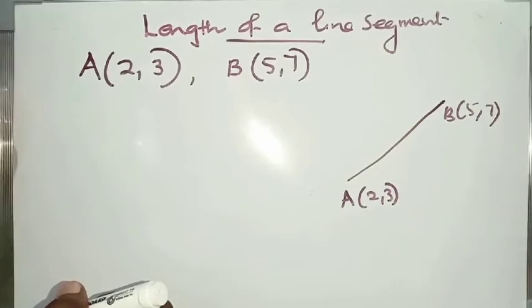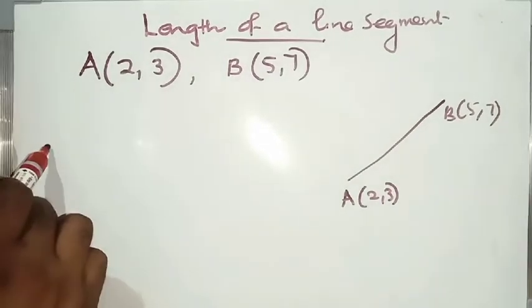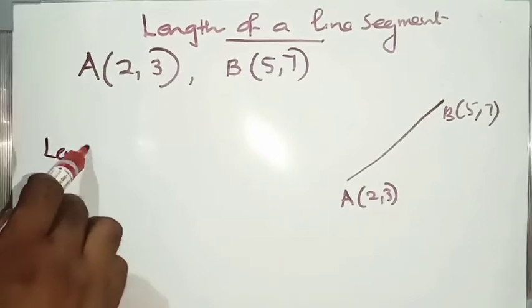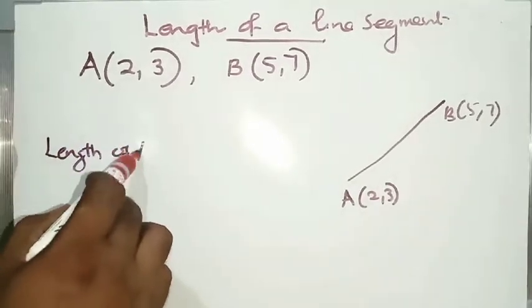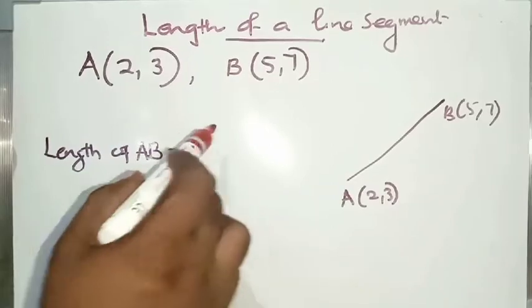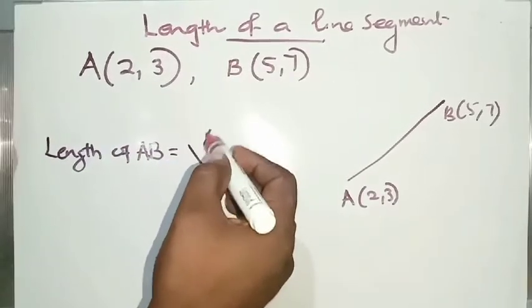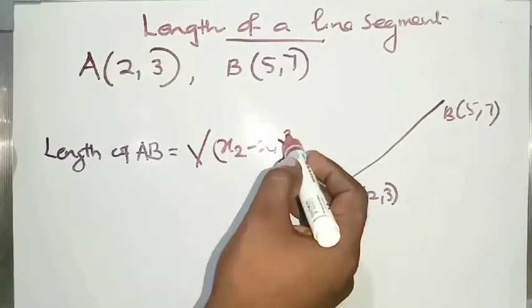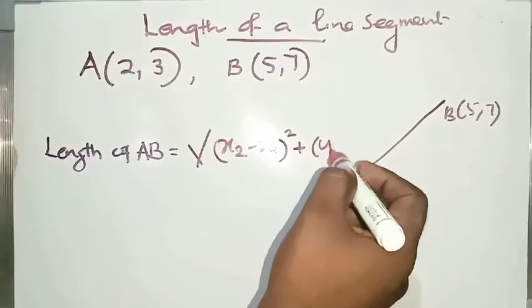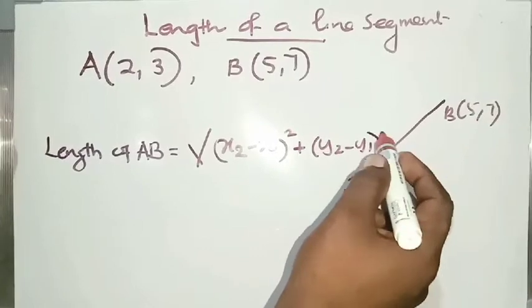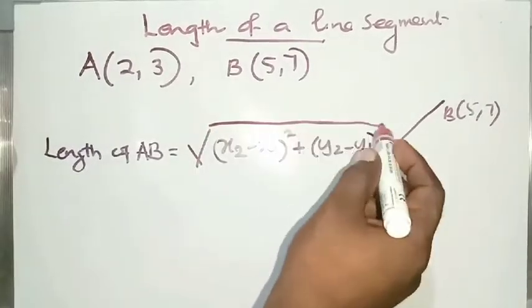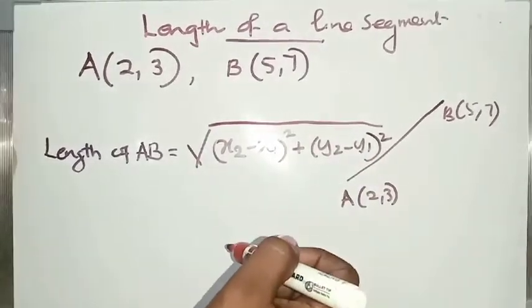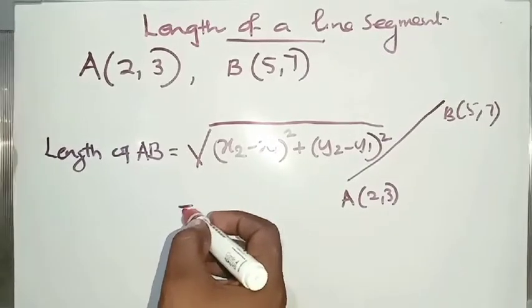So to find the length of AB, use the formula square root of (x2 minus x1) squared plus (y2 minus y1) squared. Remember the formula, and in every problem we have to use the formula.